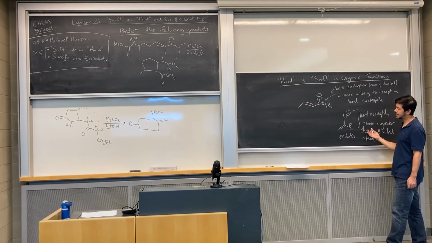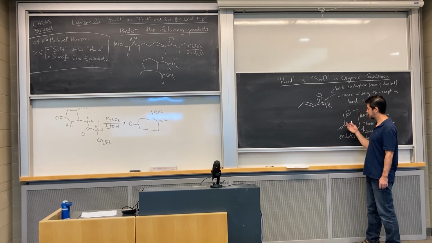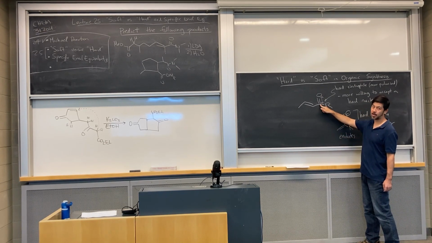So if you wanted to get direct addition like an aldol reaction, enolates are a good choice. It's very charged, it's hard, and it's very likely going to react there.